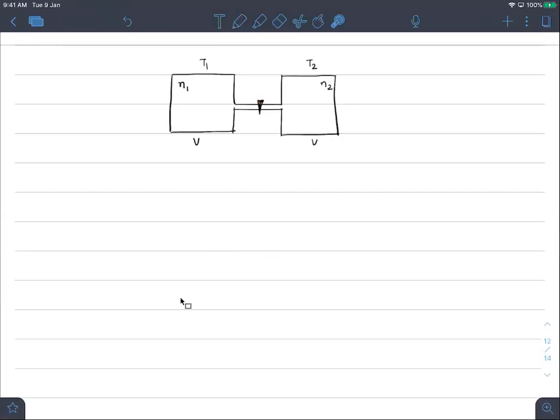Then as soon as you remove this opener so that the gases can intermix with each other, got it? We need to calculate the final pressure of gas in terms of P1 and P2, considering here pressure is P1 and pressure is P2 here. Okay, P1 and P2 and T1 and T2. You have to calculate the final pressure in terms of P1, P2, T1, T2. Please try that.